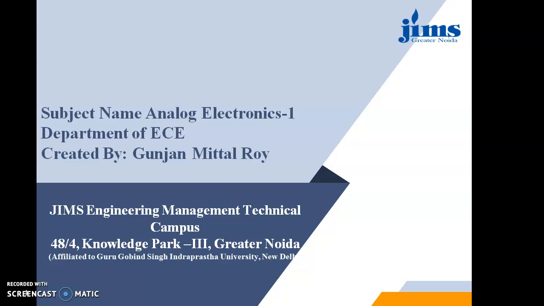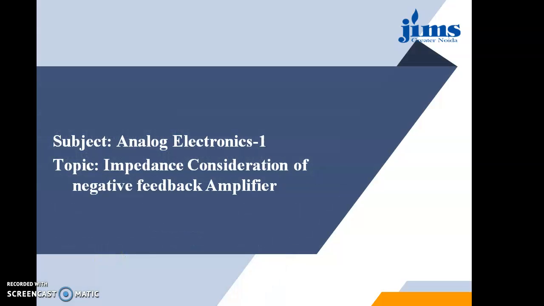In the previous videos on this unit, feedback amplifiers, we have talked about negative feedback, its types and its properties. Now in this video, we will be covering the impedance of various types of feedback configurations.